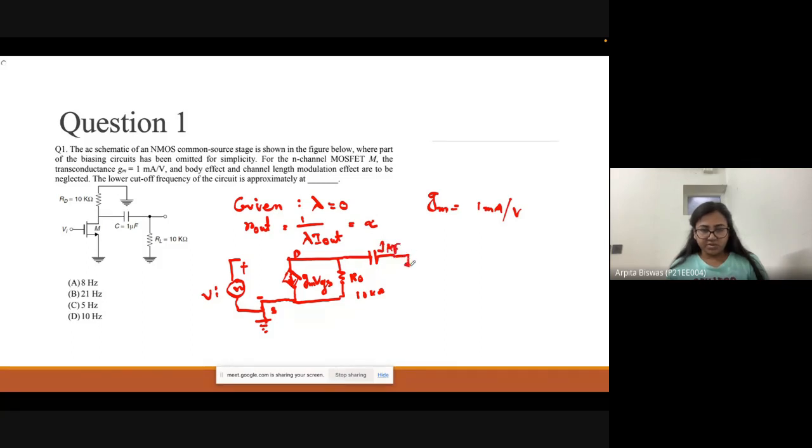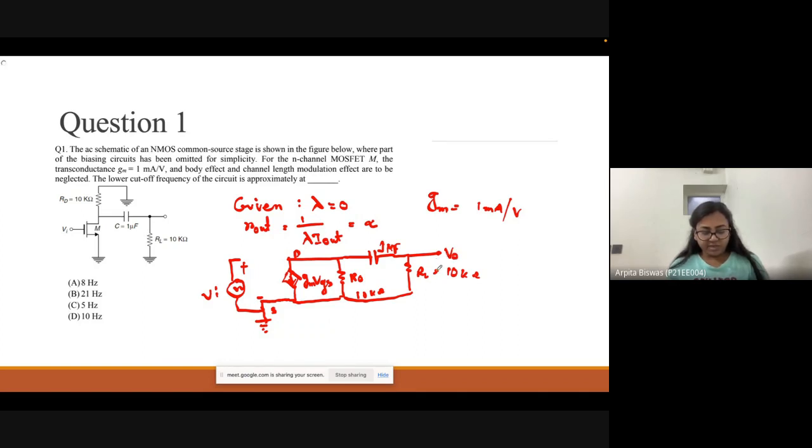And here one more resistance, RL, is given. RL is 10 kilo ohm. And from here we are going to calculate, and here is the V0.